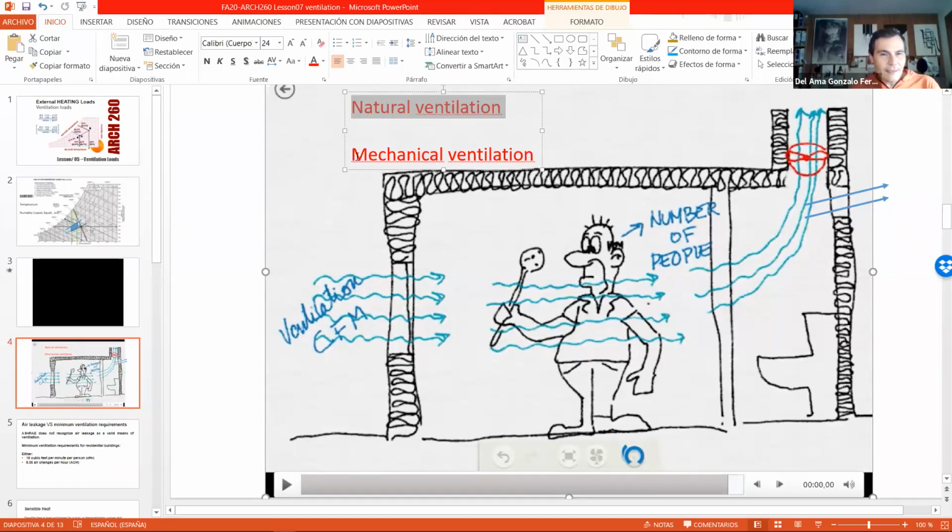That's an example of a mechanically ventilated building. In most spaces in public or commercial buildings we can't open windows, or if you go to the cinema, you can't open a window if you are watching a movie. So all these spaces have mechanical ventilation.